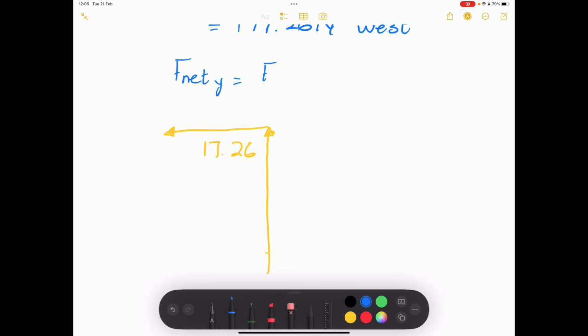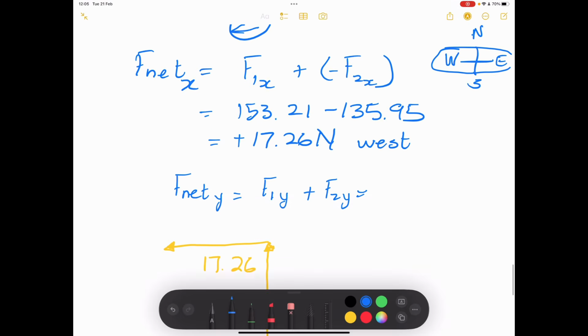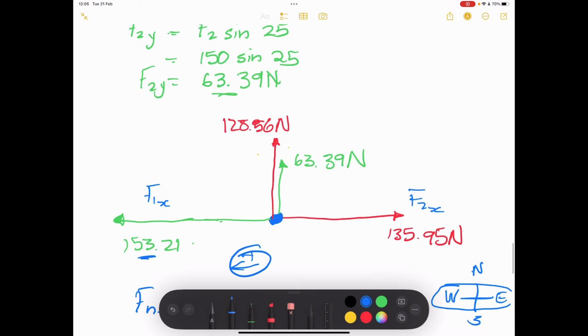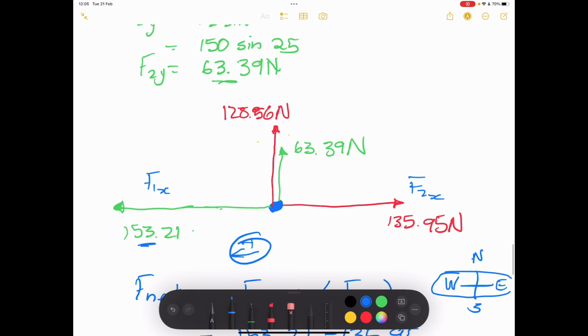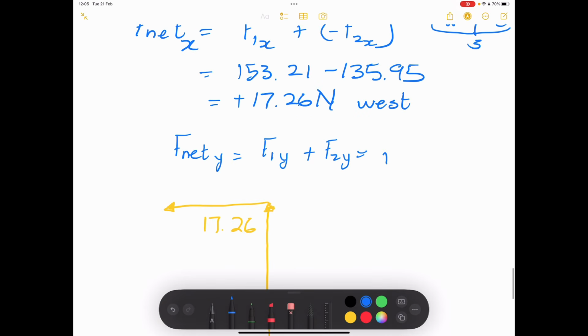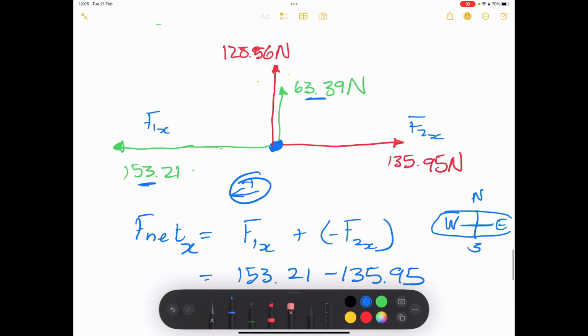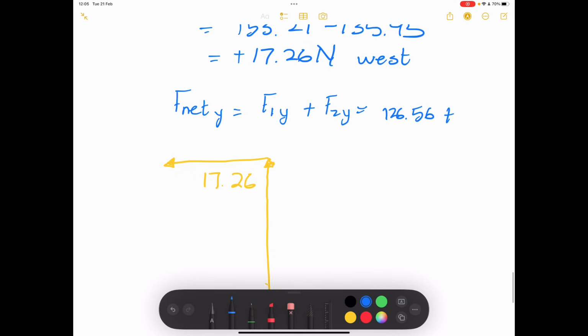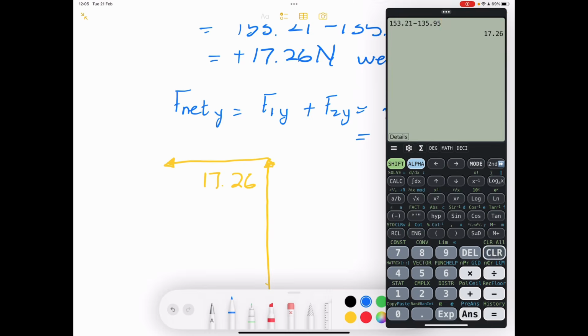That's going to be F1y plus F2y. In this case, my F1y was 126.56 plus 63.39. Okay, so let's add those up.